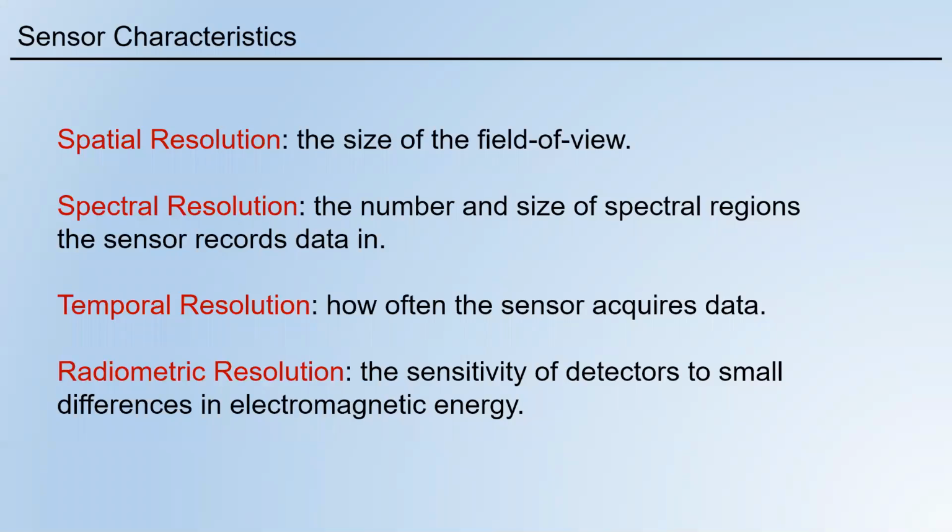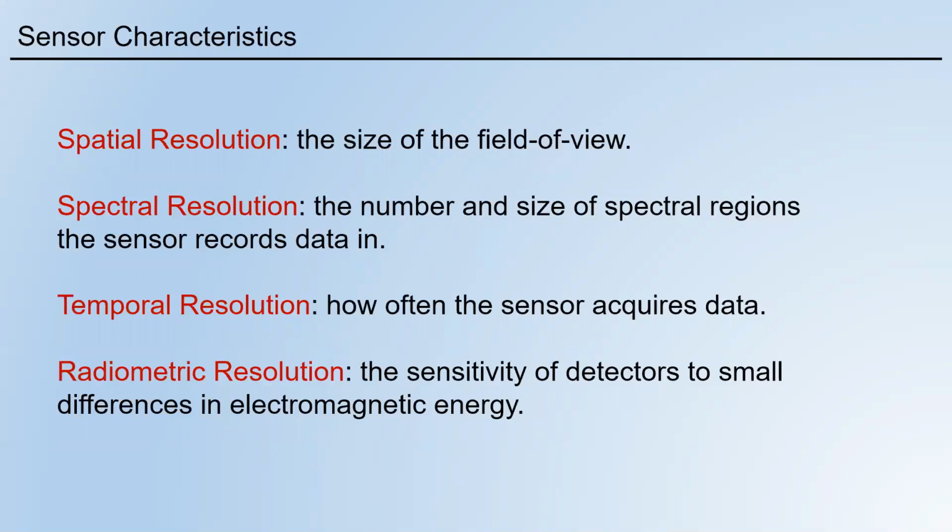Then spectral resolution. It is the number and size of spectral regions the sensor records data in. Okay, it's relatively more complex than spatial resolution because it's twofold. Number and size of spectral regions.